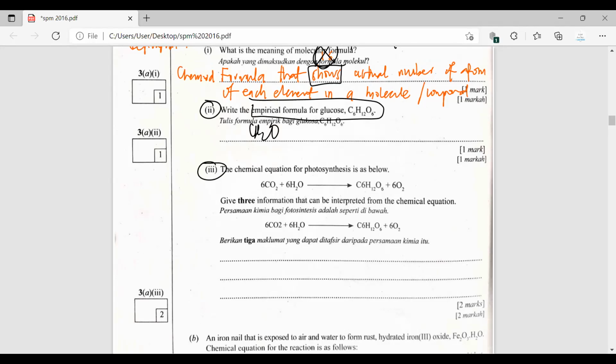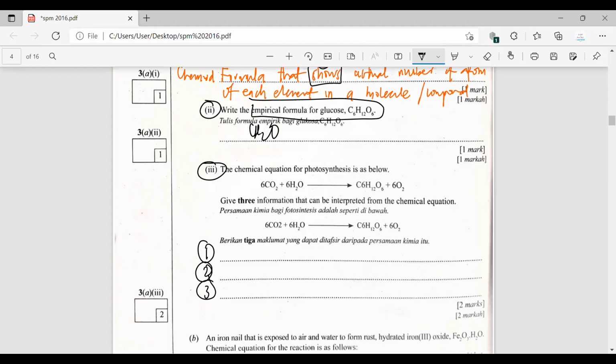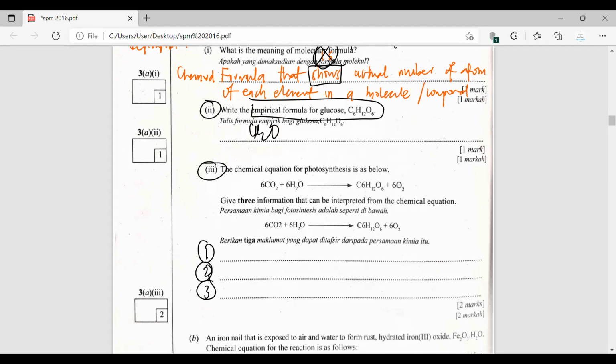Let's have 3 people answering teacher. Brandy, number 1. What is 3 information that I can find here, Brandy? Simple answers. 6 moles of carbon dioxide and 6 moles of water produces 1 mole of glucose and 6 moles of oxygen gas. 0 marks.